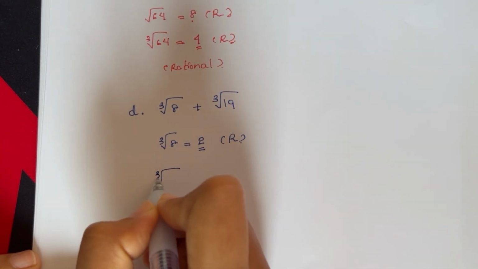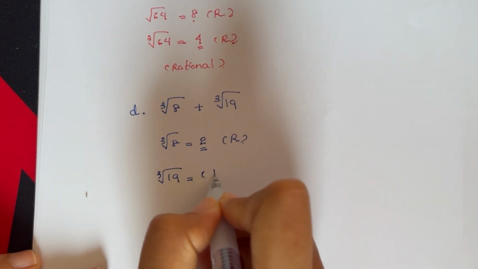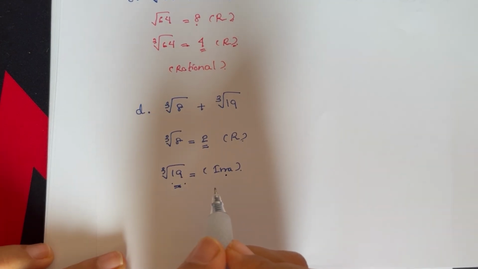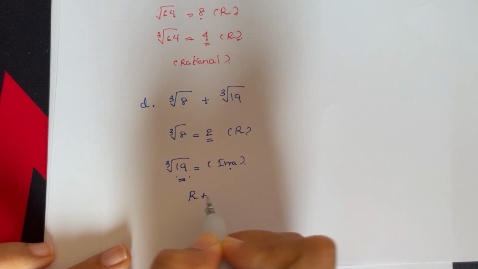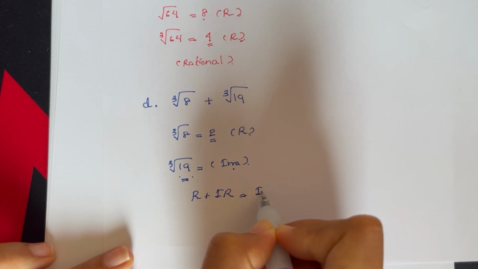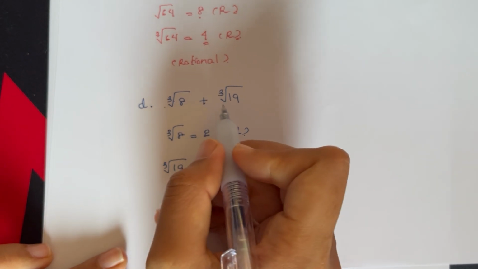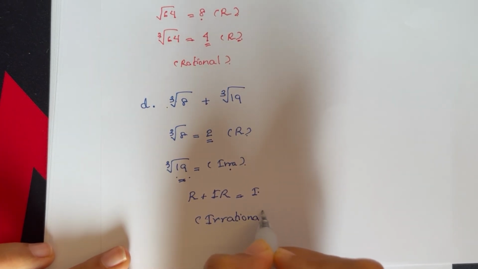Cube root of 19 is an irrational number because 19 is not a perfect cube. So that's why if we add the rational number and the irrational number, it will result in an irrational number. So the answer is cube root of 8 plus cube root of 19 equal to irrational number.